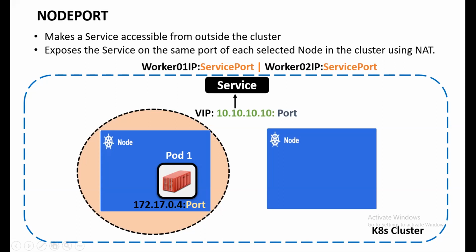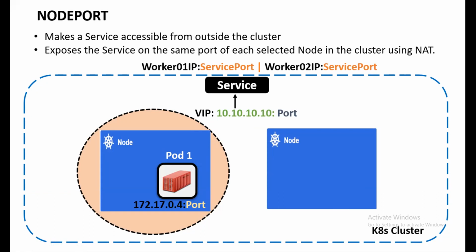So if you access any worker IP colon the port which the service has given, this will redirect to the VIP, and the VIP will redirect to the pod on which it is running. So this is how, if you want to access your service outside the cluster, make it a type node port.